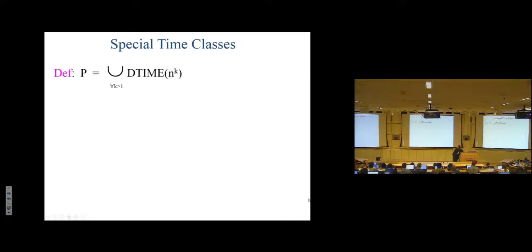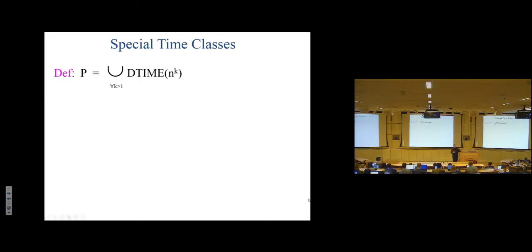So a few special time and space classes that we know and love. P is defined as the union of all deterministic polynomial time classes. So the union of linear time and quadratic time and cubic time and quartic time and quintic time and so on, all possible polynomials stuck in there, the union over all of them, that's the definition of P. Intuitively, it's any problem or language that can be recognized in time polynomial in the size of the input, right?